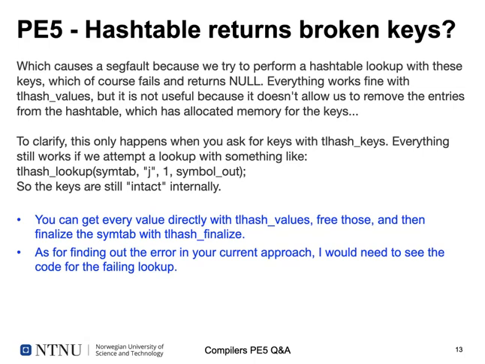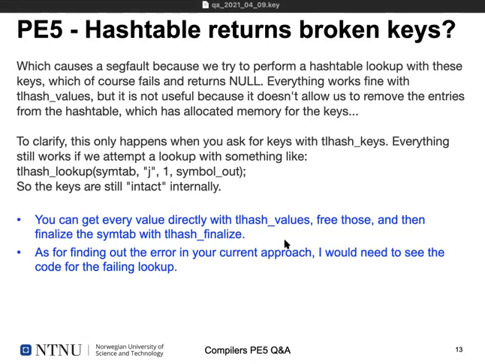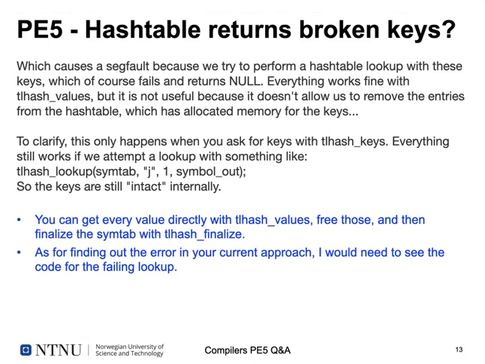But to find out the error in the current approach, I think actually our code should work in most circumstances. Then we would actually need to take a closer look at what's actually failing. So I think that was all. Yes, those were the questions that have shown up. So I hope we could clarify a bit of this.